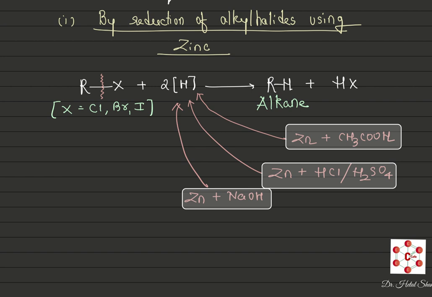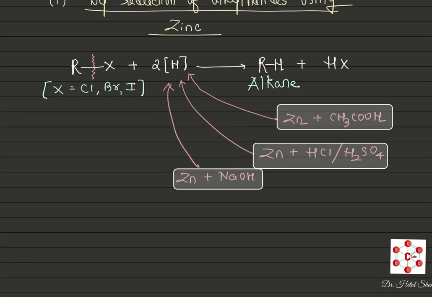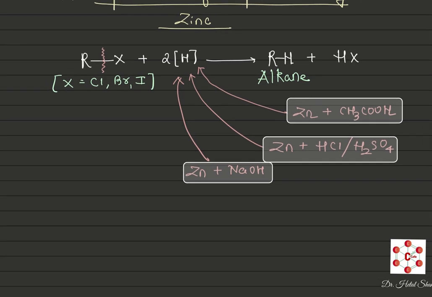Now pay attention. The fourth thing that you could probably use, which would not produce nascent hydrogen, but remember, zinc and copper alloy with ethanol.